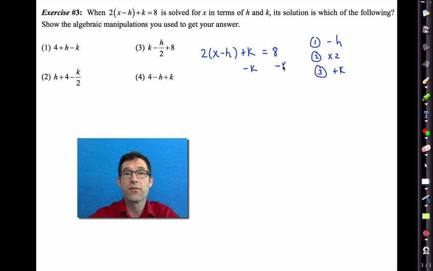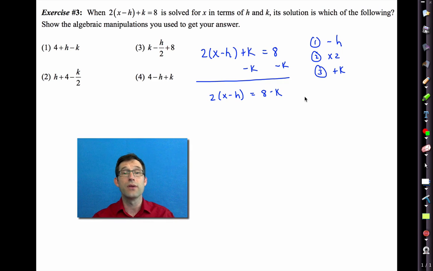We're going to subtract k from both sides. Okay, that's going to give me 2 times (x minus h) equals, and the best I can do here is 8 minus k. Real important that you don't do 8 plus k or k minus 8. It's 8 minus k. But regardless, we took care of that. Now we want to undo multiplication by 2, so we're going to divide by 2 on both sides.